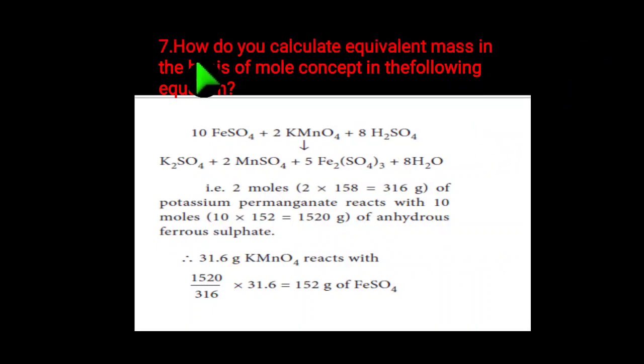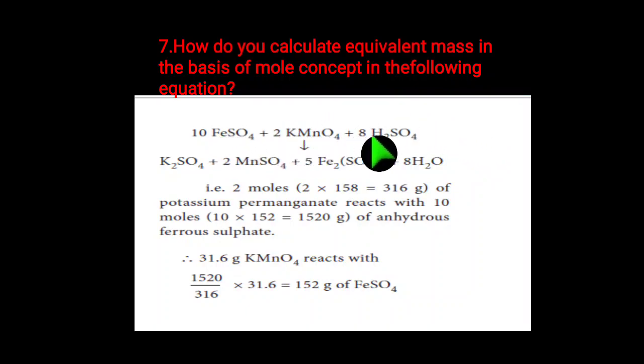Question number 7: how do you calculate equivalent mass on the basis of the mole concept in the following equation? Here the equation is given, but it is not a redox reaction. It is a balanced equation.